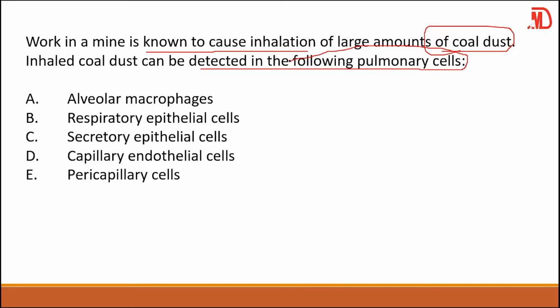So when a tissue in general is being infected or attacked, you ask yourself, what cell goes to the place of infection? So for example, this is a tissue. Now this is a vessel, the blood vessel.